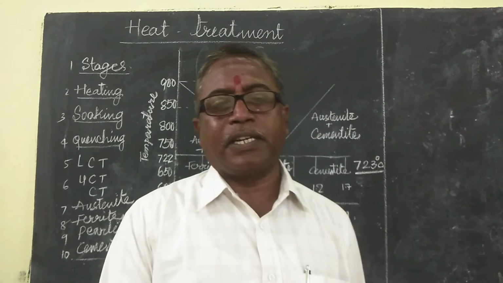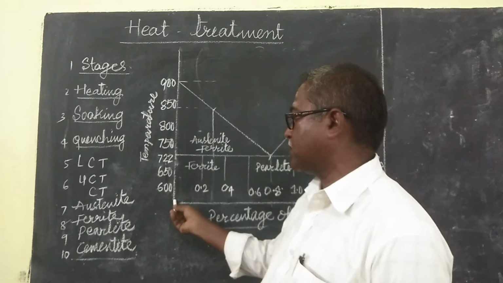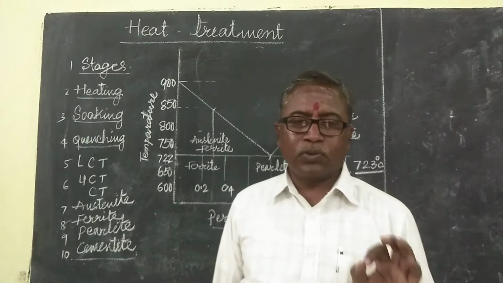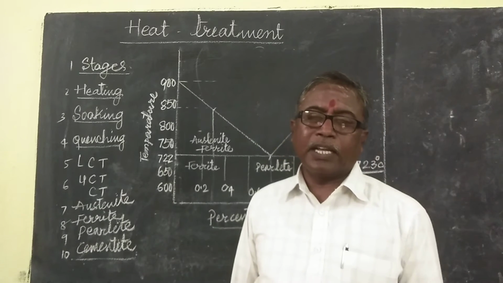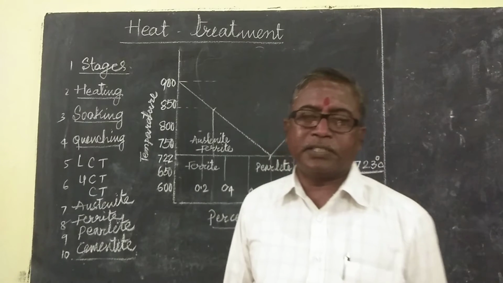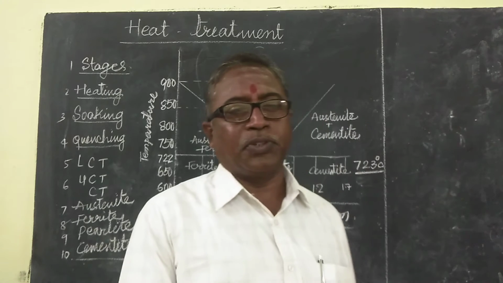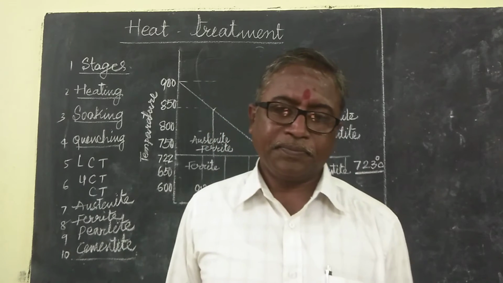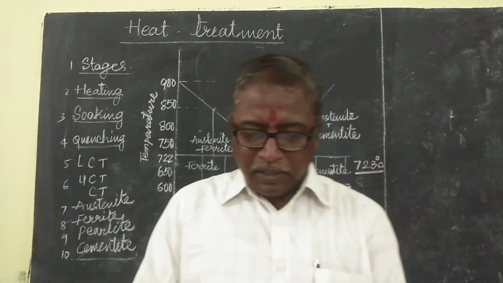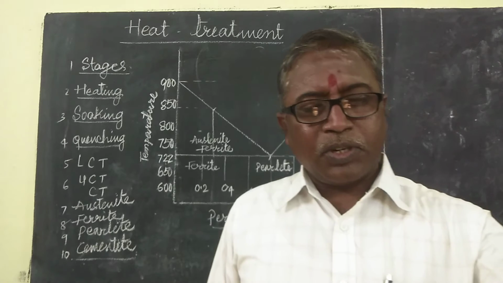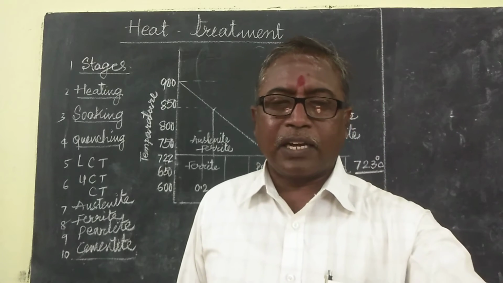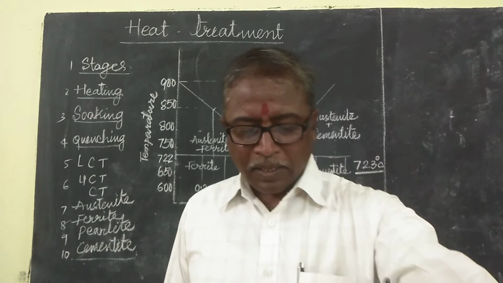At 0% carbon, it is pure ferrite. As the carbon increases continuously, the structures also change. Iron with 0% carbon we can call ferrite.